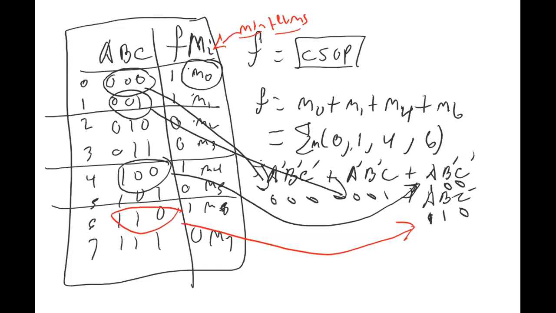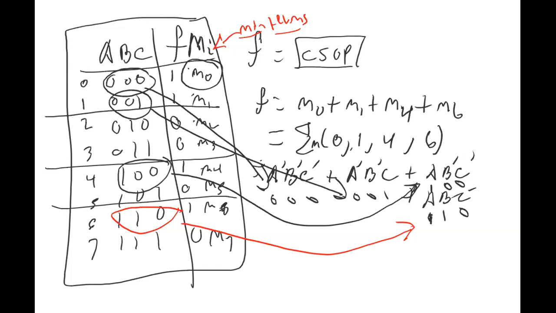So that's kind of cool, actually. That gives you an algebraic, I'll say, analog to the truth table. Every element in the truth table that is a member of the onset has a min term associated with it. Min terms. It's cool.